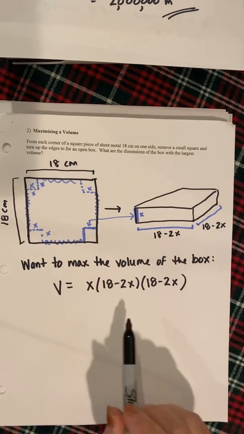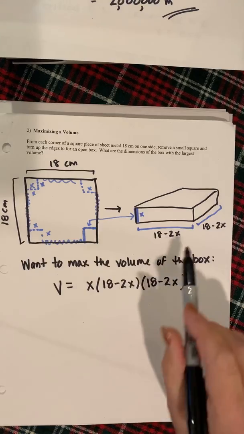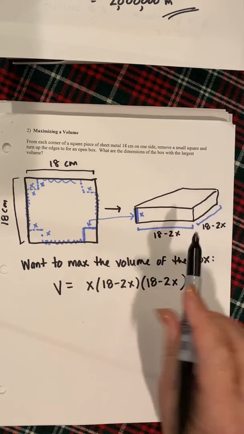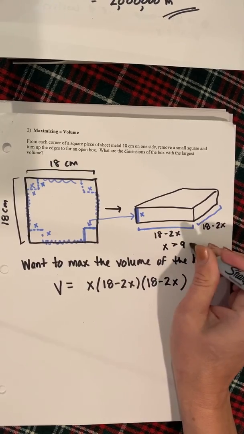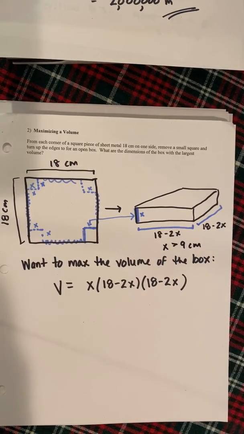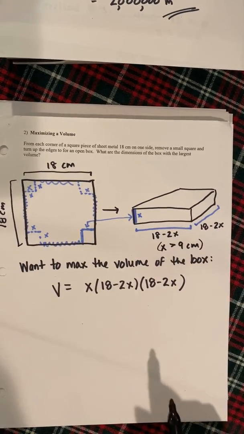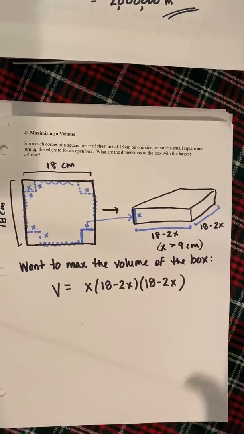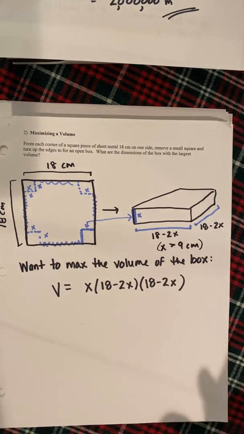Now notice the volume was handed to us all in terms of just one variable X. So we don't need another equation. We don't have a constraint equation here. I guess we do have a constraint, I should say, because we know that X has to be less than 9 centimeters, because if it's more than 9 centimeters, then we'll just obliterate our box totally. So we do have this constraint, but as far as rewriting the volume in terms of one variable, the way the information was presented to us, we have it all just handed to us.